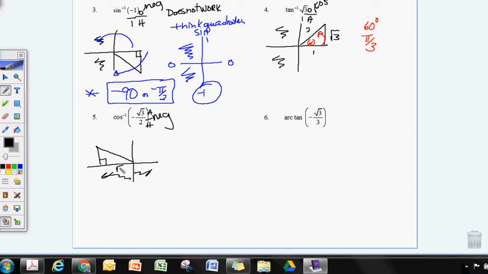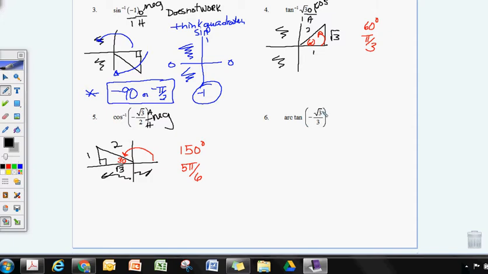Adjacent is root 3. Hypotenuse is 2. Missing side is 1. That means my reference angle is 30 degrees, but my rotation would be 150 degrees, or in terms of pi, it would be 5 pi over 6.